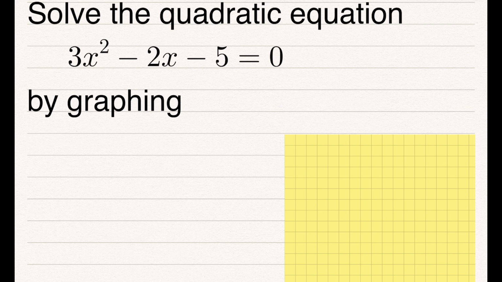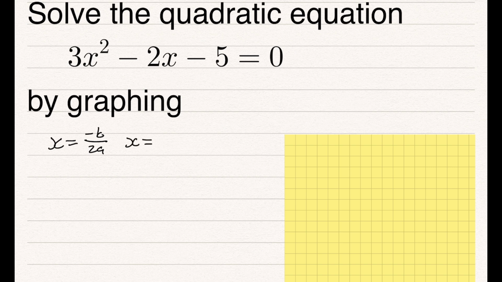So looking at another problem, very similar, but now instead of a being 1, we have that a is 3. But our approach is very, very similar. We're going to solve it by graphing, by factoring, and then by using the quadratic formula. So here, x is equal to negative b over 2a. That will give us our axis of symmetry.